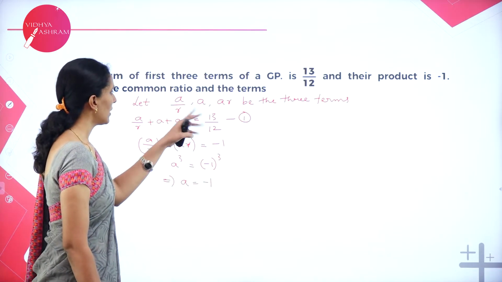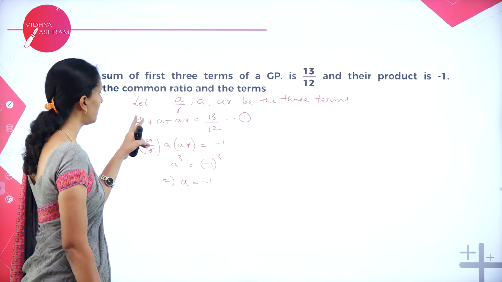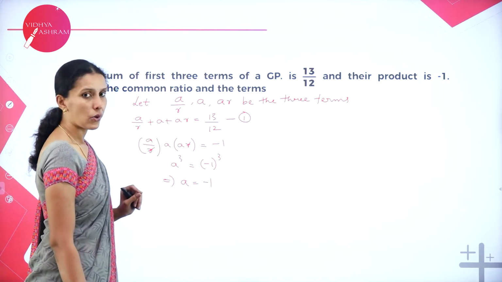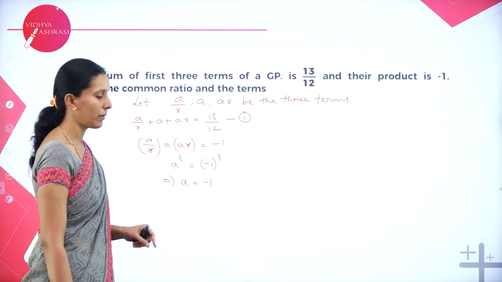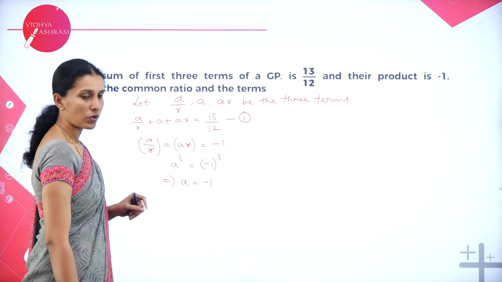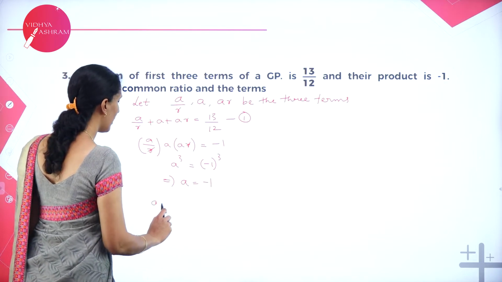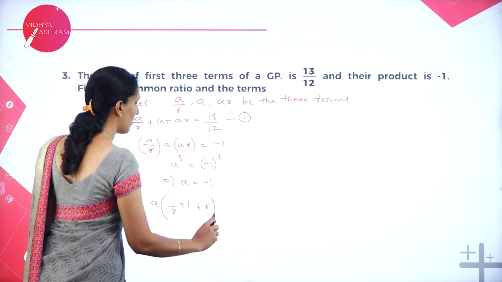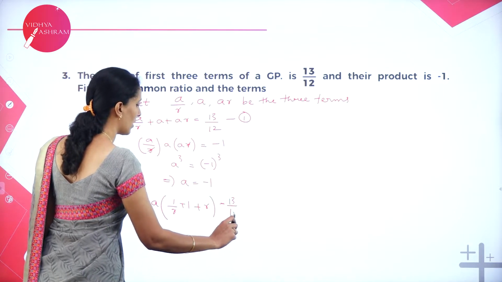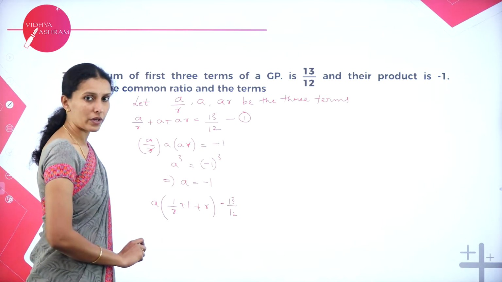So substituting this in equation 1, here you can solve this equation first. We have A by R, A, AR, so 13 by 12. We can take A outside. So we will get A into 1 by R plus 1 plus R is equal to 13 by 12. Clearly A is minus 1 here.